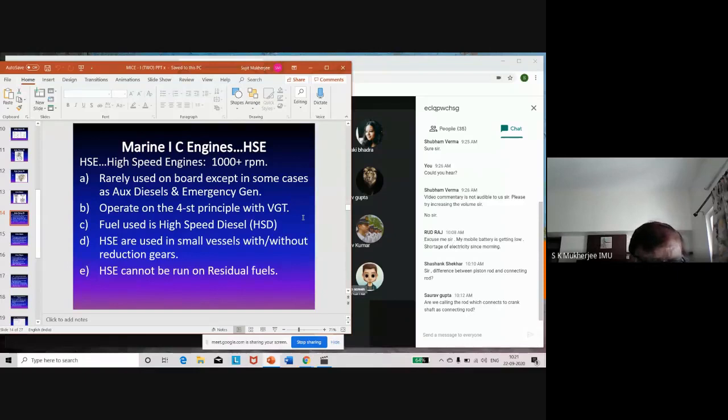What is it about? Now, you see, when you have turbocharging of an engine, that turbocharger is basically a freewheeling machine. In other words, it does not have direct connection with the engine. It is not chain driven, it is not gear driven, and neither is it shaft driven. It is only the exhaust gases which emerge from the engine that are blowing on the blades of the turbine. All right. So there is no mechanical connection.